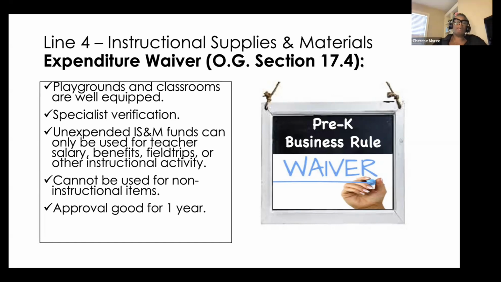If you have any funds that were not expended on instructional supplies and materials, you may be able to use them for other things, but you have to have written approval to do that. As a rule of thumb, they can't be used on non-instructional items, and that approval is good for 1 year. So if you got it last year and you want to do the same thing this year, you want to make sure that you get that waiver this year as well. And as always, keep your approval on file.